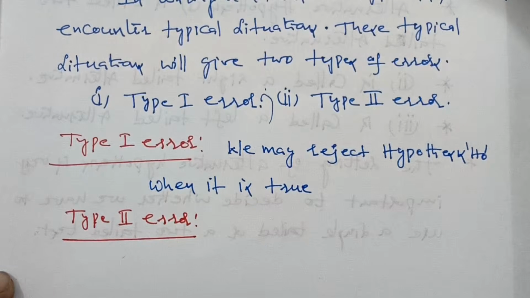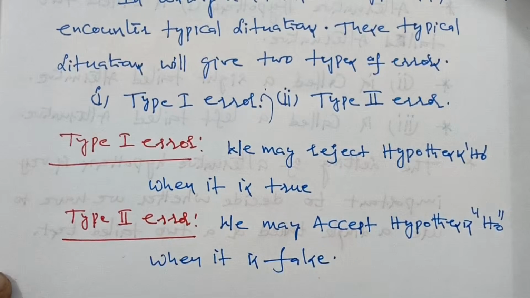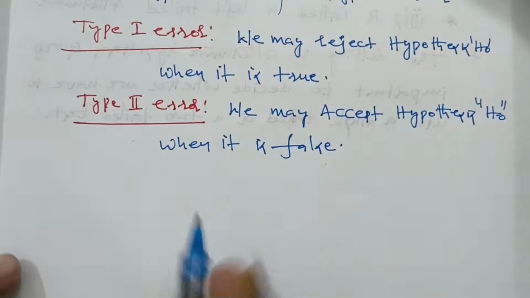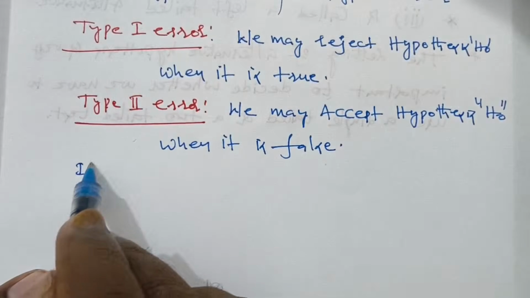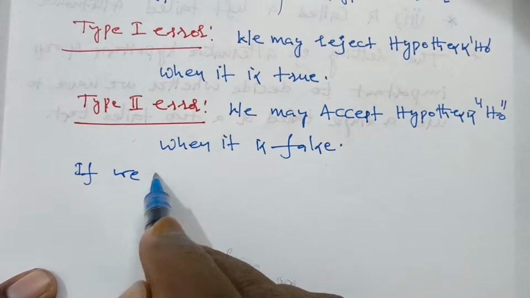What is type 2 error? Type 2 error is, we may accept null hypothesis H0 when it is false. So reject when it is true, that is type 1 error. Accept when it is false, that is type 2 error.